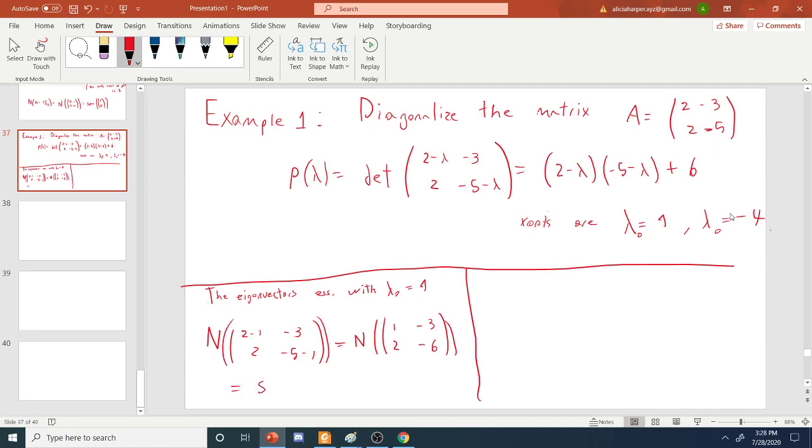Which, again, we can easily compute using our favorite little trick. And we see that this is exactly the span of the vector 3, 1. And likewise, we can go over here and we can compute the eigenvectors.